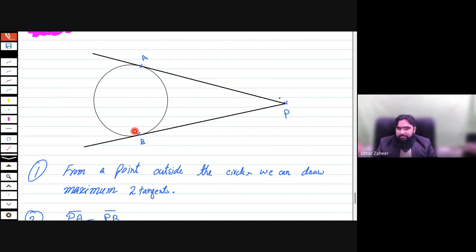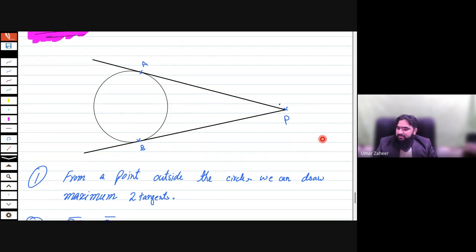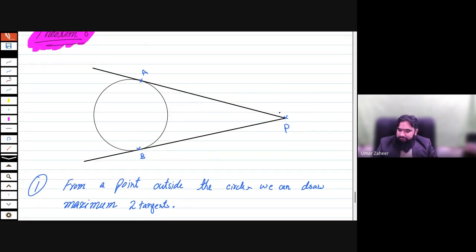PA is equal to PB. Any question up to here?